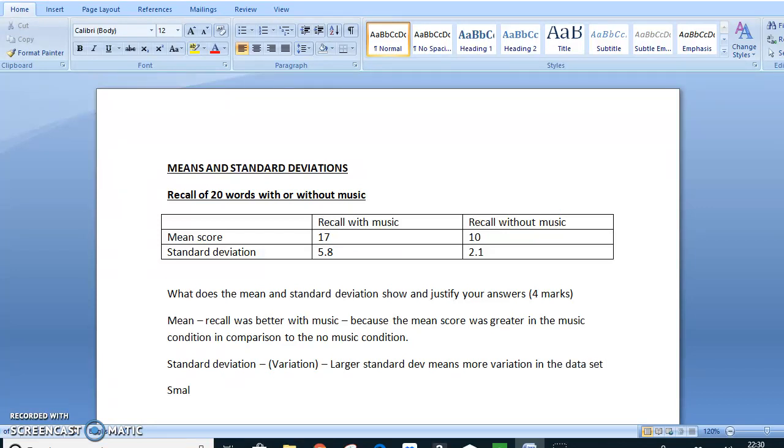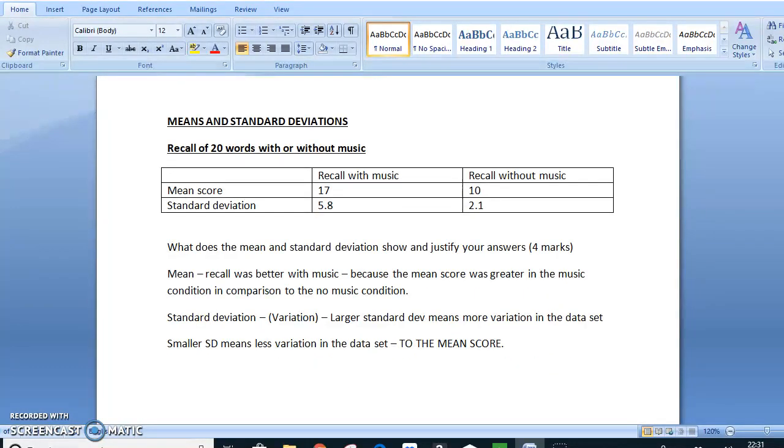So smaller standard deviations, I'm just going to write that for brief, means less variation in the data set. That's the definition really, and this is all in regards to the mean score. So we're saying there's a lot of variation from the mean, or there's not much variation.